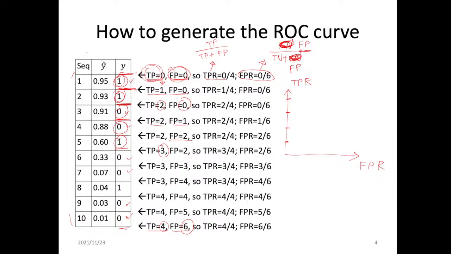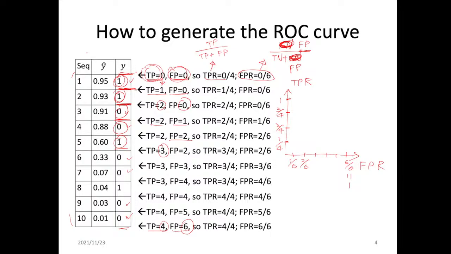So you just need to have 1/4, 2/4, 3/4, and 1 here. And for the false positive rate, because we have 6 negatives, whenever you have one extra false positive, the false positive rate will be increased by 1/6. So we have 1/6, 2/6, up to 6/6, which is 1.